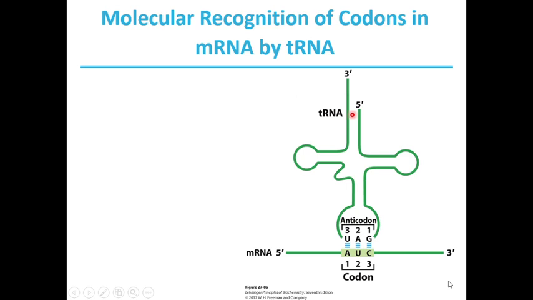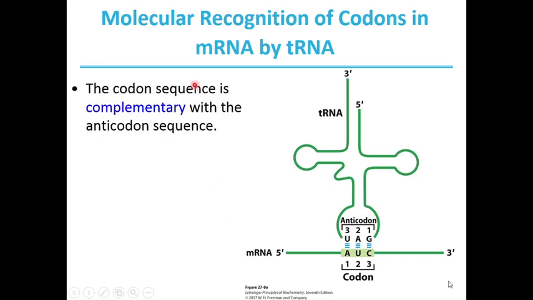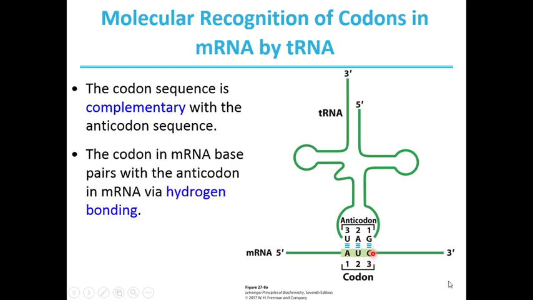tRNA, or transfer RNA, uses anticodons to recognize the codons in mRNA. The codon sequence in mRNA is complementary to the anticodon sequence. More importantly, the codon pairs with the anticodon via hydrogen bonds.